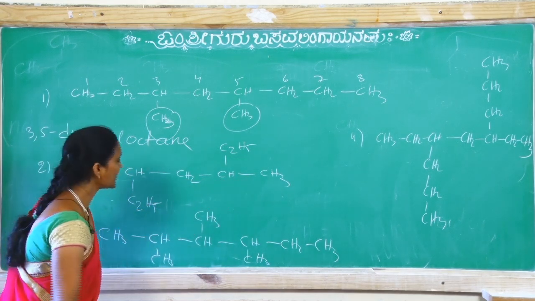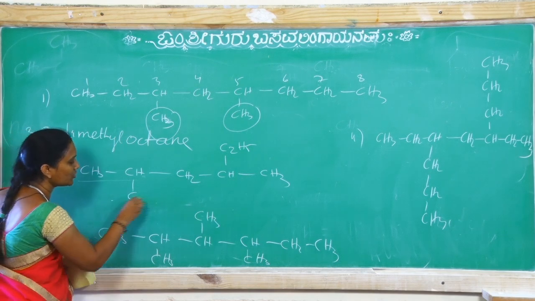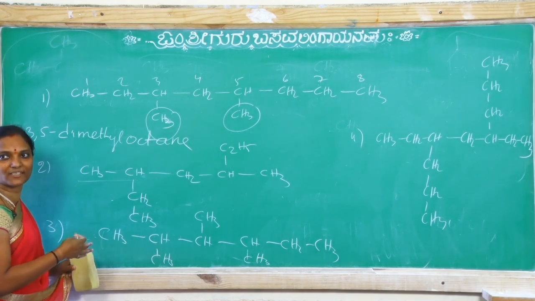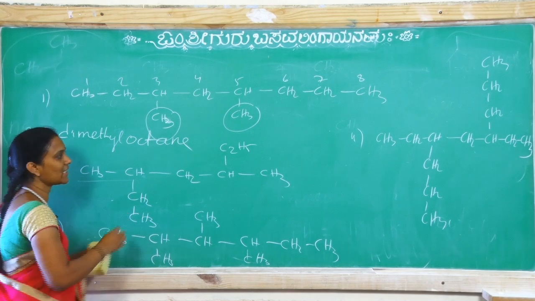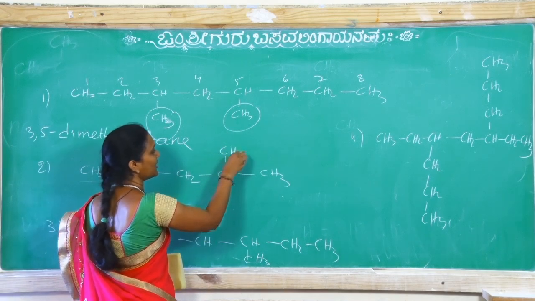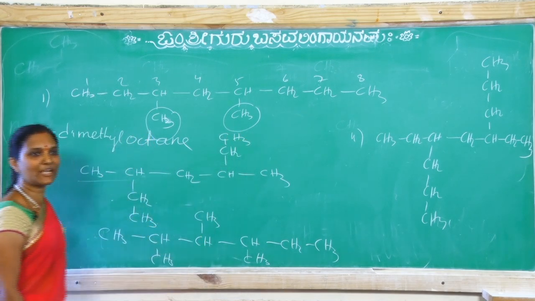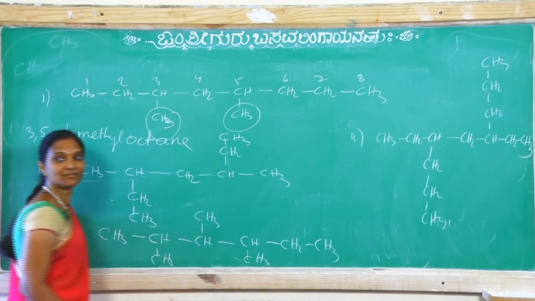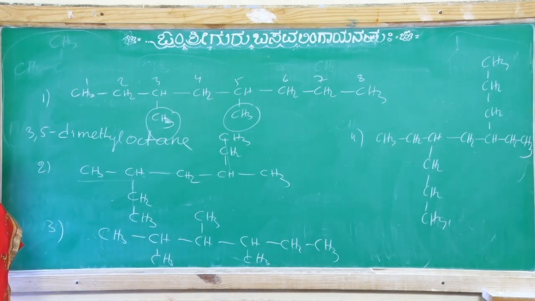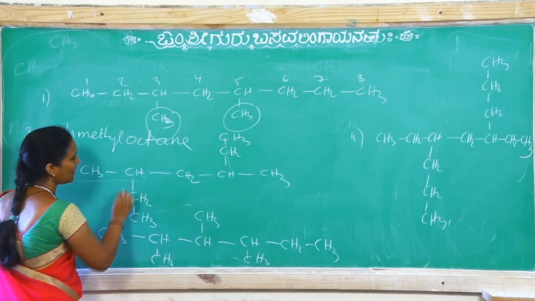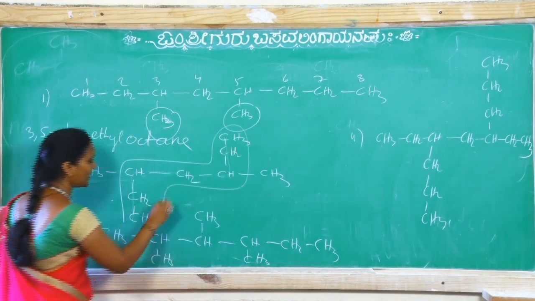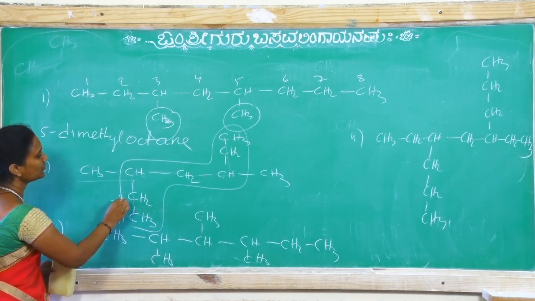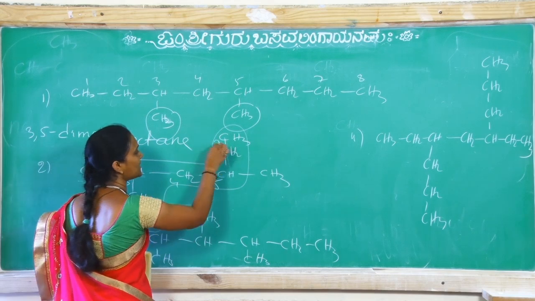Now here, this is the parent chain. C2H5 means this is CH2CH3. That is only C2H5, just to confuse like that. CH2CH3, that is only C2H5. Which is the longest? 1, 2, 3, 4, 5, 6, 7. This is the longest. Yes or no? Now this is the parent chain. 1, 2, 3, 4, 5, 6, 7.